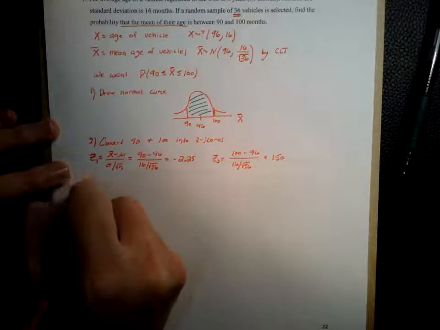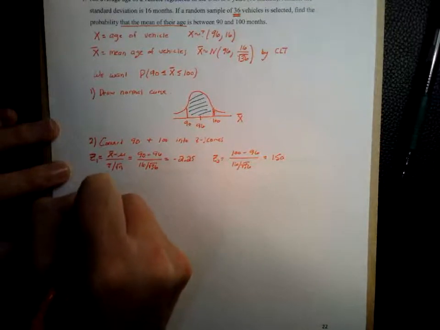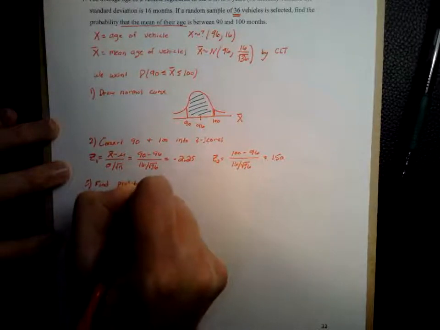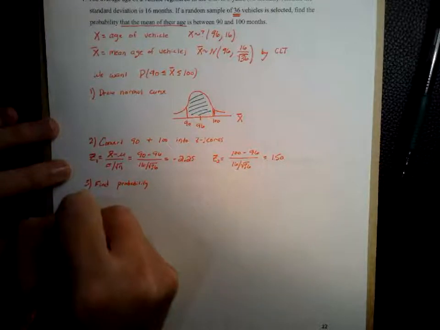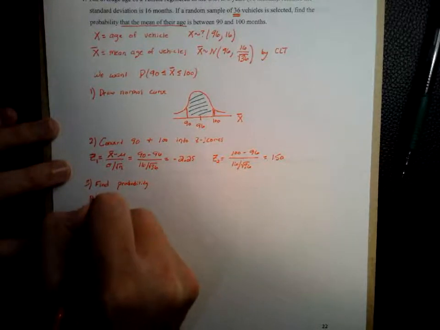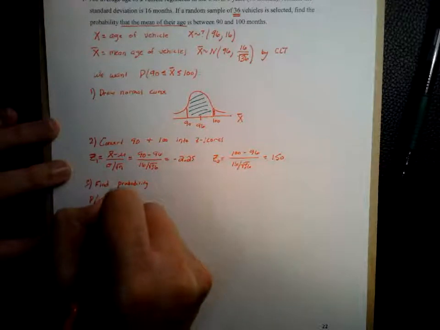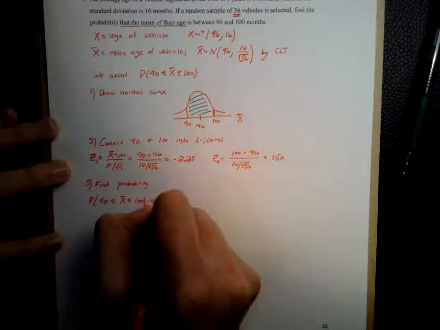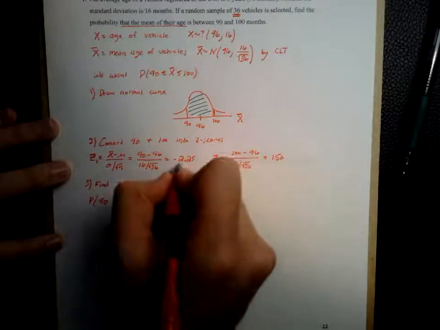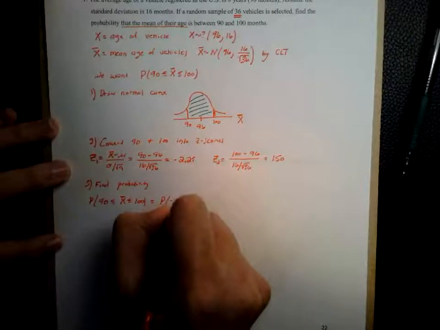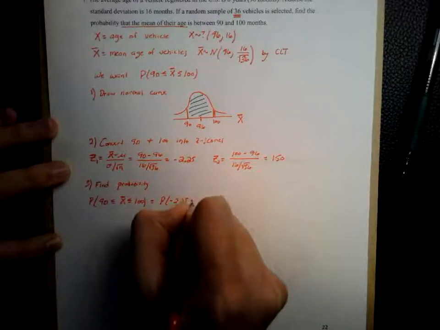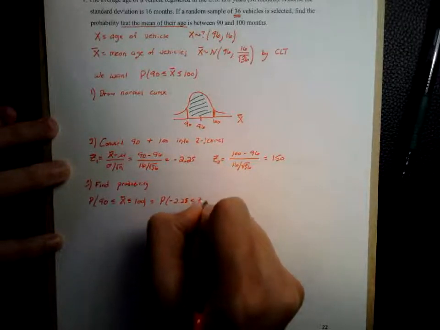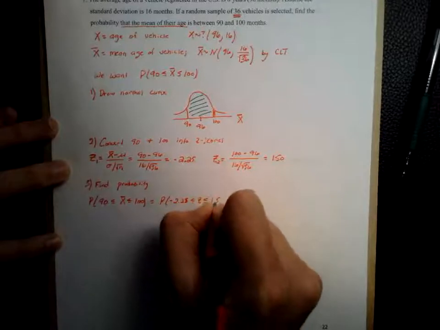Now for the final step, we want to find the probability. I'll write it this way. The probability of getting a sample mean in between 90 and 100 months is the same as getting a z-score in between negative 2.25 and 1.50.